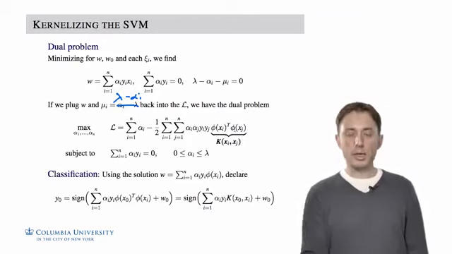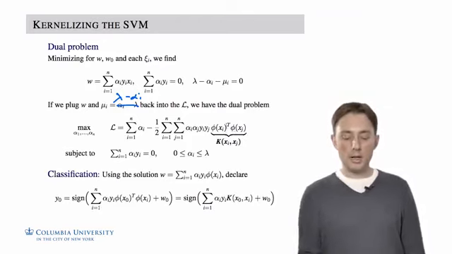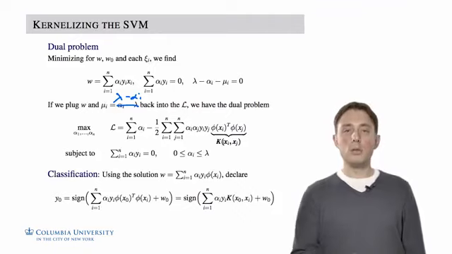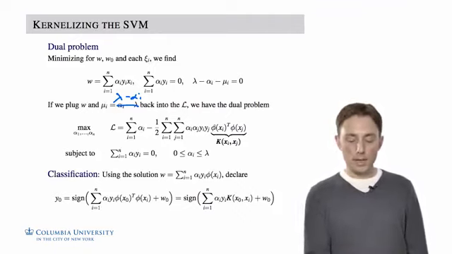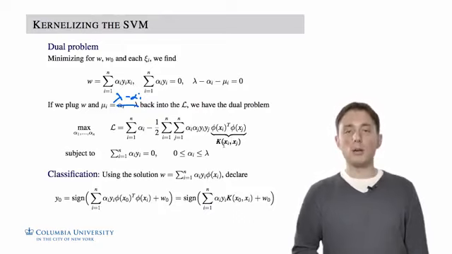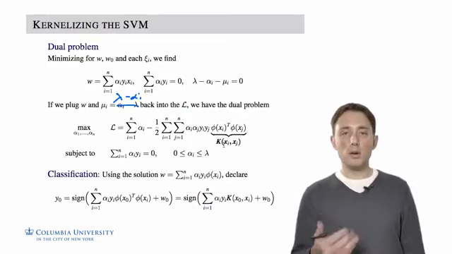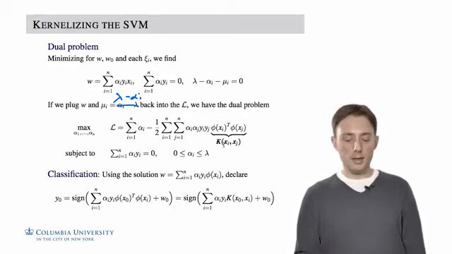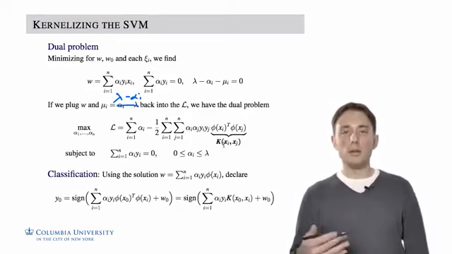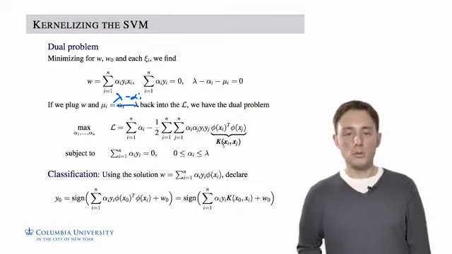So we can simply replace this dot product with a kernel function between the two data points, xi and xj. By swapping the kernel function in, we kernelize the SVM. So now we have a kernelized SVM with slack. That's the final SVM that is the most popular and the most versatile SVM.